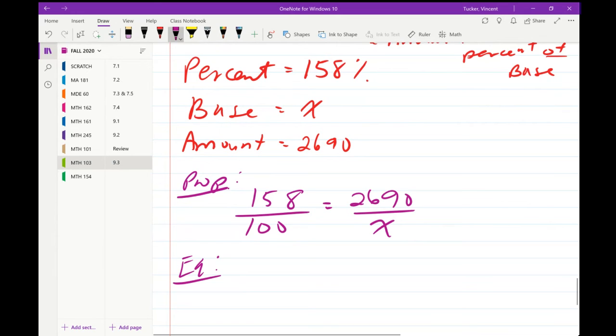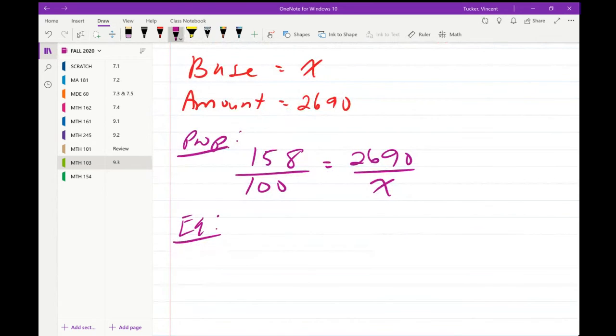And don't forget, if I want to convert this to a decimal, it's 1.58. You move your decimal 2 places to the left. So it's 1.58 times X, which is our base, equal to 2690.